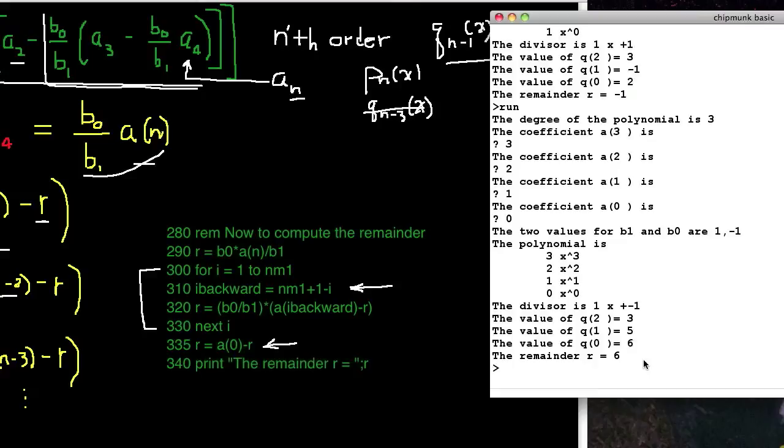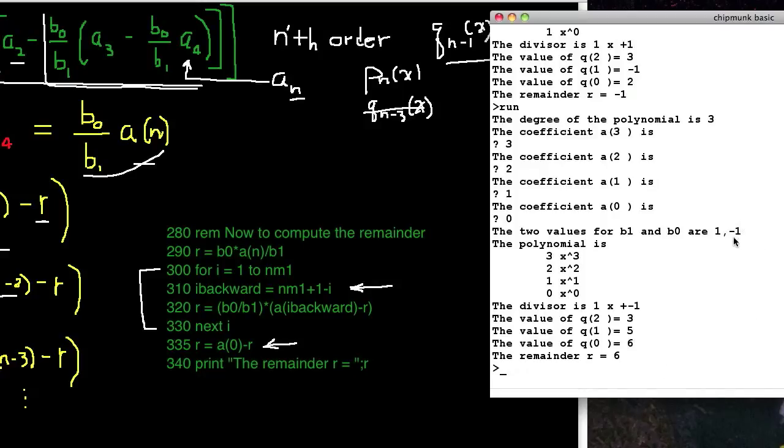So you need to do this division by hand to see if, in fact, that is the right answer. One thing I can check right off the bat is I know that the remainder should be the value of the polynomial evaluated at c, when I'm dividing by x minus c. So the remainder is the value of the original polynomial evaluated at c.